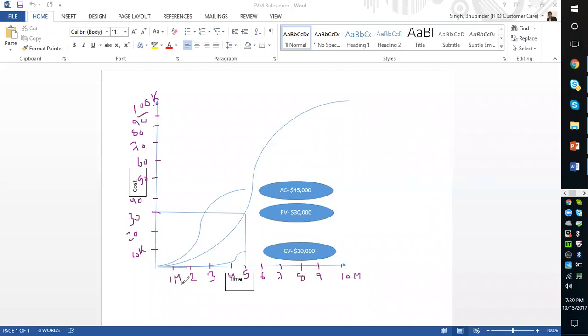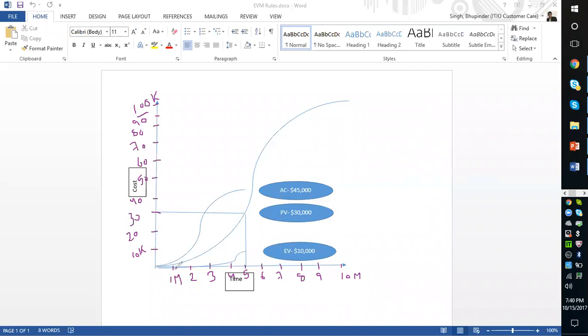I'm not going to add units to everything. Now, this should not be too difficult for you to draw. I'm sure you have already done it. If not, it should not be too difficult. You have planned how much time it's going to take for your project. You have planned your budget, so you should know how much money you are going to spend and in what time interval. And I've just plotted that into a graph.